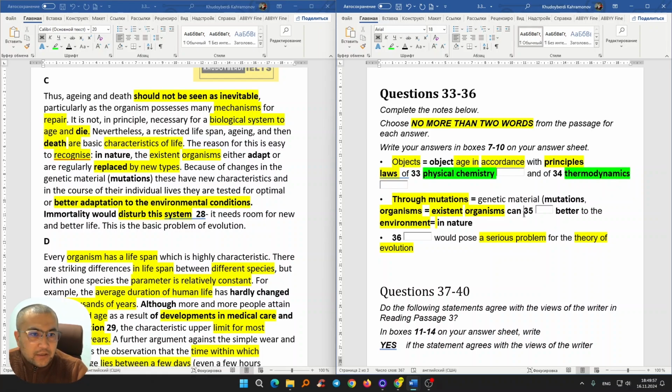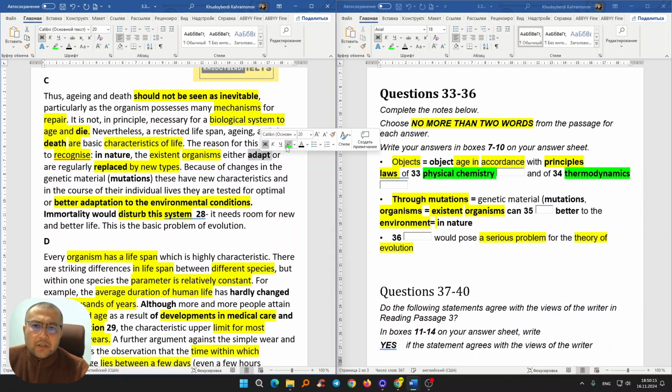A bare infinitive. This is verb two, the past simple of the verb, right? And it's totally impossible to write "regularly replace it" because it's talking about no more than two words, and that's why we can choose the verb adapt here.